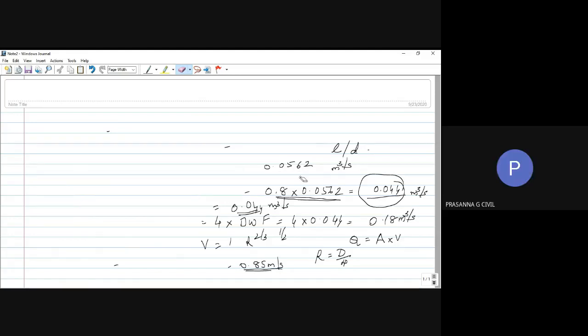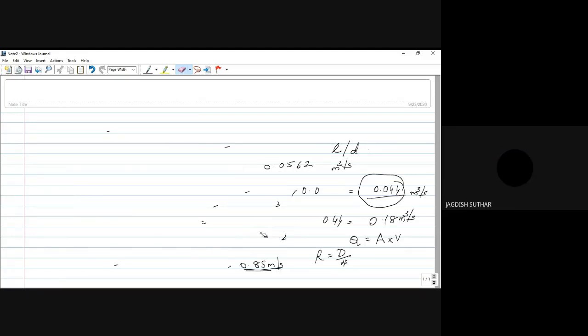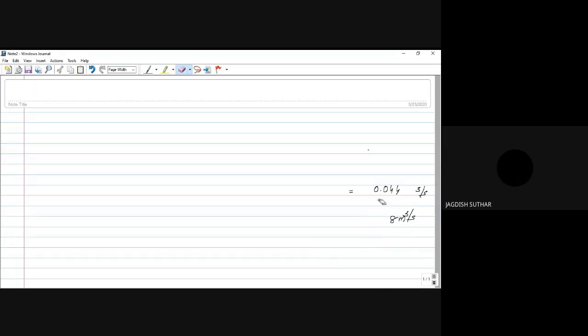Excuse me, ma'am. What's the value for the population density, ma'am? 1 minute. 250 persons per hectare. Ma'am, for per hectare, there are 250 persons.